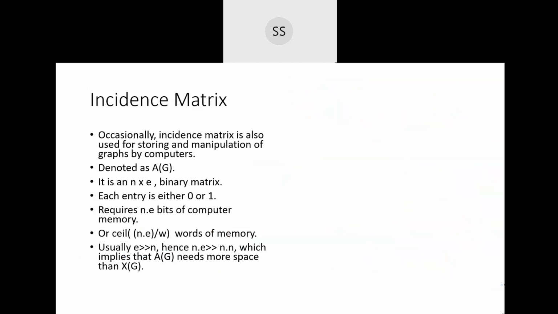Now next we look into the incidence matrix. You have studied what an incidence matrix is. If you take the same example, A, B, C, D, and I call the edges E1, E2, E3, E4, and E5, what is my incidence matrix? Occasionally, the incidence matrix is also used for storing and manipulation of graphs in computers.